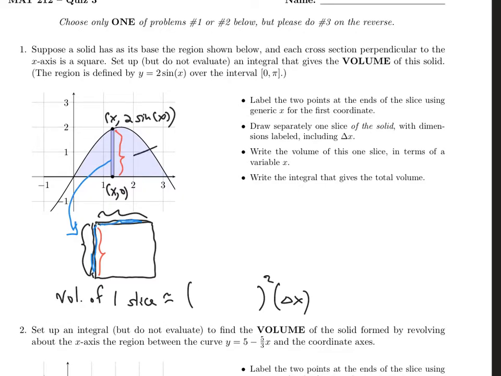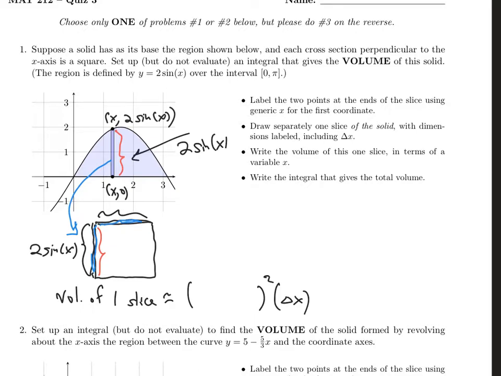And up in this picture, it's easy to measure the length of that because those are two vertically oriented points, and so the length of that stick is going to be just the difference in the y-coordinates. So the height of that rectangle in the 2D drawing is 2 sine of x, and so that's how long the sides are, both sides in this square.